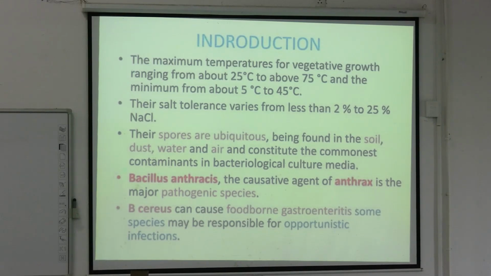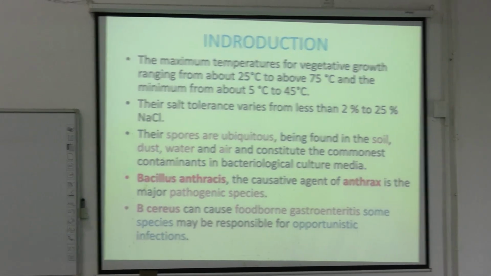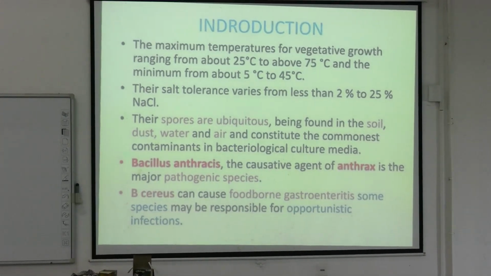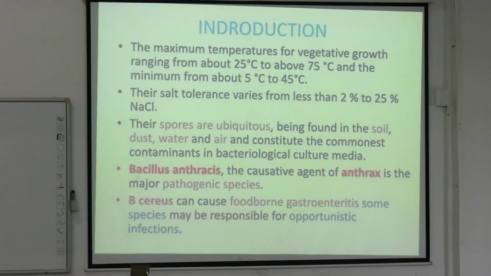The maximum temperature for vegetative growth ranges from 25 to 75 degrees centigrade and the minimum from 5 to 45 degrees centigrade. So that is the range of temperature they can tolerate. The spore has a high coating, it does not die at all, and survives even in this range.